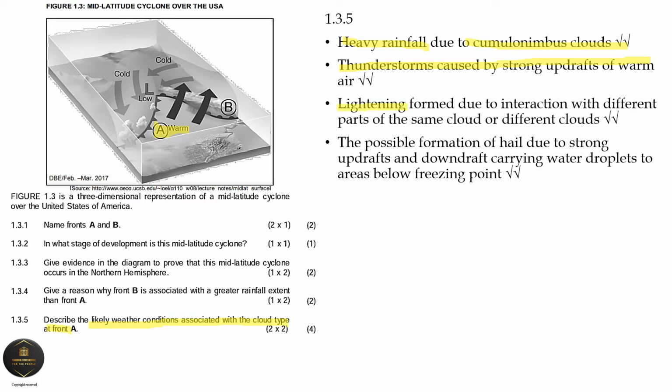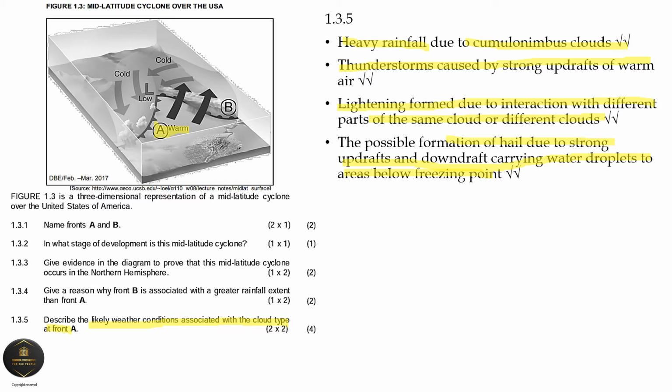And we are going to have lightning forming due to the interaction of different parts of the clouds or different clouds. Remember, you may have your cumulus clouds and cumulonimbus clouds over there, and altostratus and all of that in the warm sector. And remember, there is a possible formation of hail due to strong updrafts and downdrafts carrying water droplets to areas below freezing point.